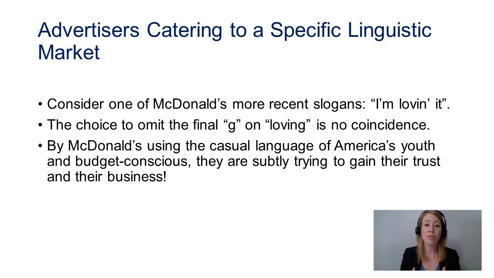So with that said, we tend also to want to buy things from people that sound like us and talk like us. Language is a way to gain trust. So in marketing, they will want to sound like their target market, like their target demographics, in order to try to sell to you. And I think that's what we're seeing with the McDonald's I'm lovin' it slogan.